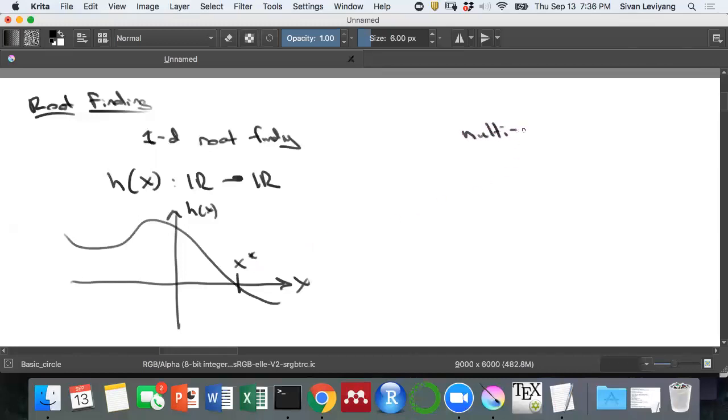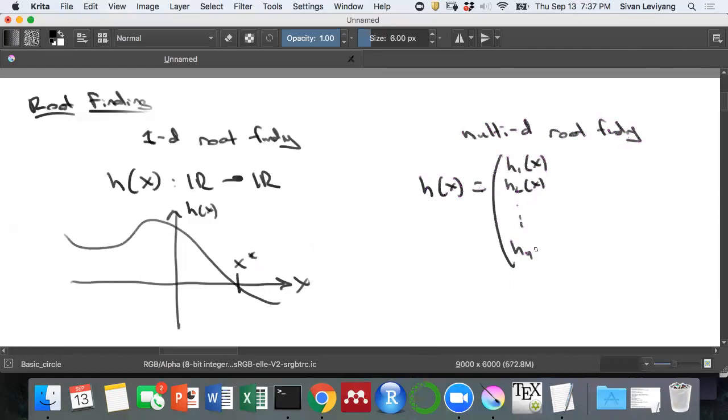Multi-dimensional root finding is that you have a function h of x, which is a vector of functions: h1 of x, h2 of x, all the way to hn of x.